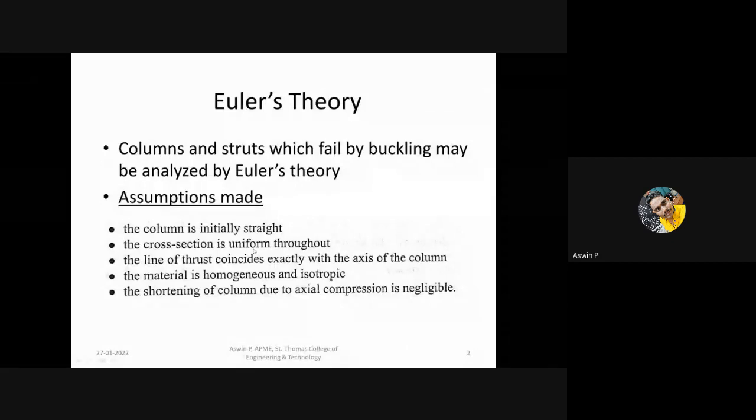Second one: the cross section is uniform throughout.